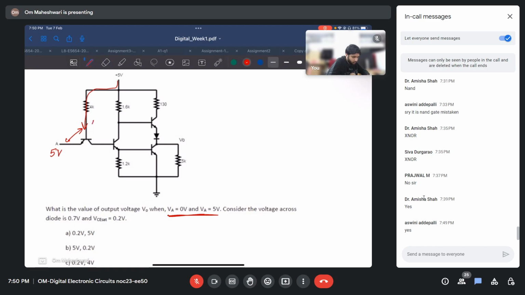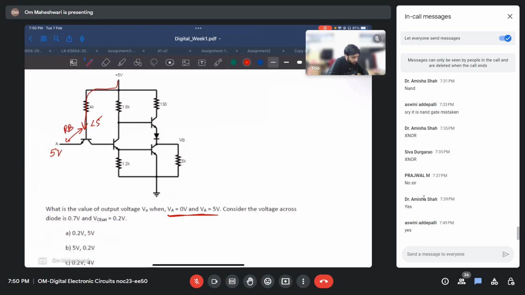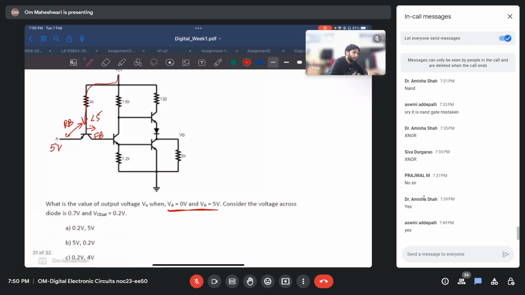Voltage here will be less than 5. This transistor will be off. Oh, sorry, this junction is reverse bias. And when here it is high voltage, it will be forward bias. So we will have some voltage here.